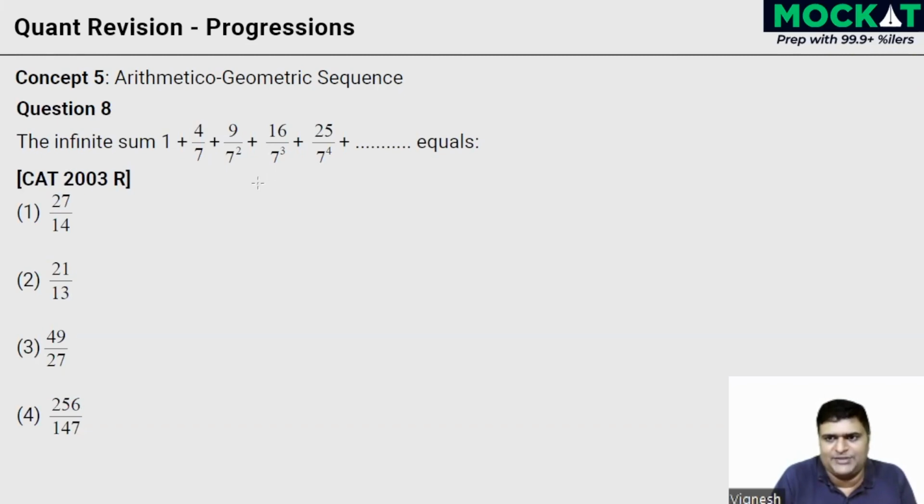I'll write let S be equal to 1 plus 4 by 7 plus 9 by 7 square plus 16 by 7 cube plus 25 by 7 power 4 plus 36 by 7 power 5. I'll just write one more, and then dot, dot, dot. Now, all I need to do is multiply with 7.